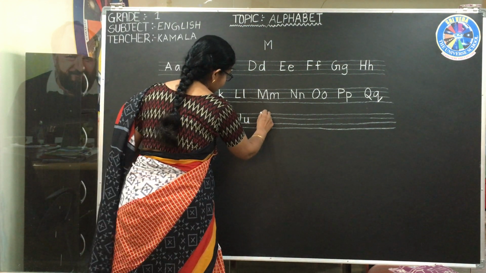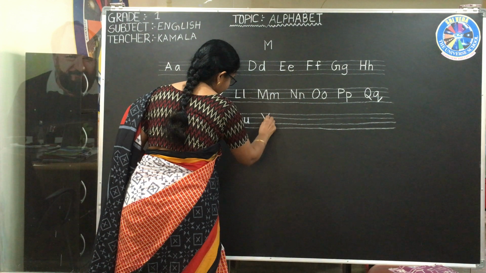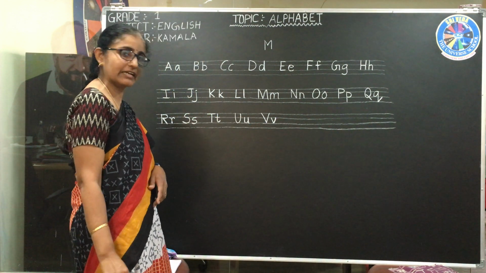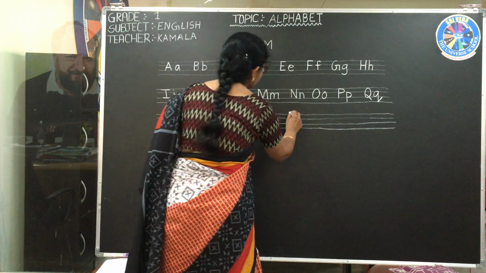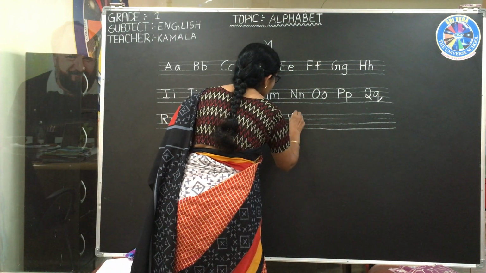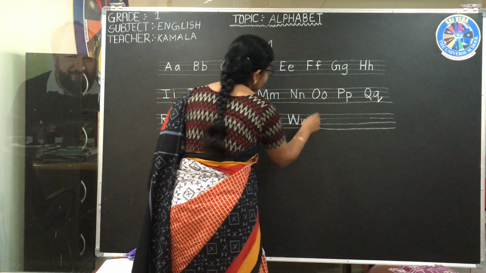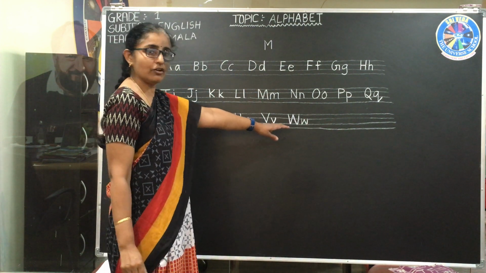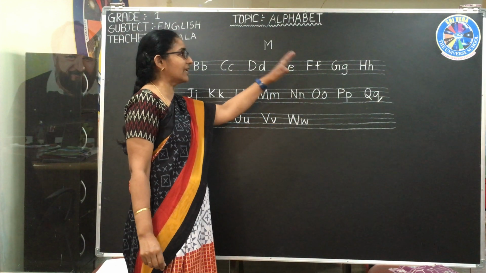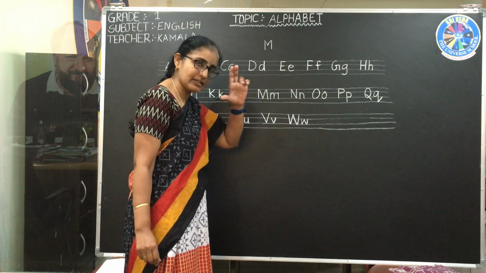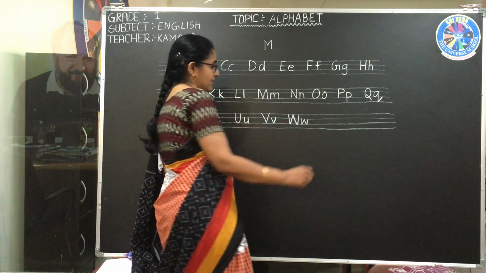After U it is V. Small v. Here also it is only the difference in the size for the capital letter and the small letter. After V it is W. Even W is just the difference in the size. They look the same. When we are writing on the single line, we have to be very careful so that capital letter we write in big size and small letter in small size.